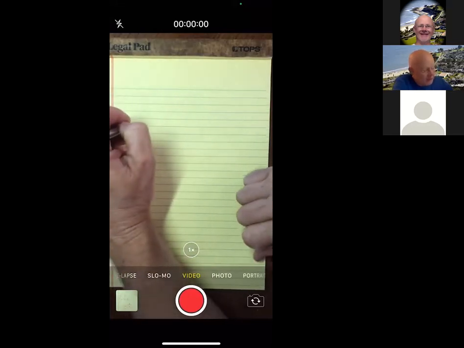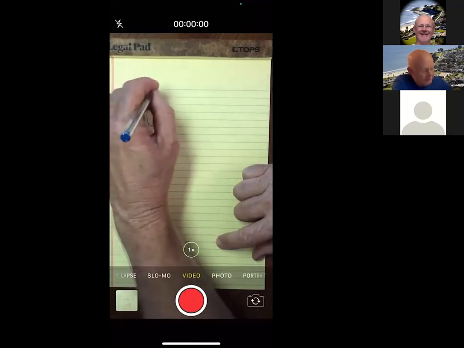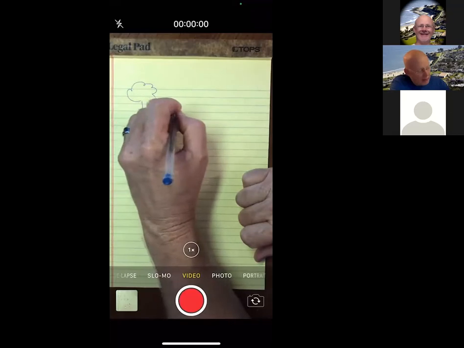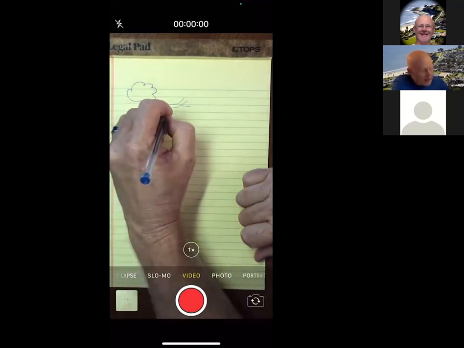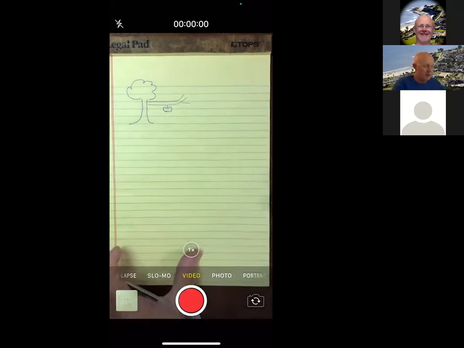So let me just roughly draw a tree. Got this branch sticking out. And somewhere here is an apple.